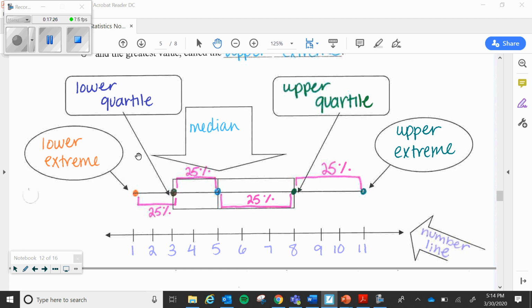We've got our lower extreme, lower quartile, median, upper quartile, and our upper extreme. So take a minute and fill this little section out on your notes. You do not have to put the 25% if you do not want to. It is completely optional, but that is something that I would like you to know for the future. So even if you just want to do this one right here, that's totally fine.